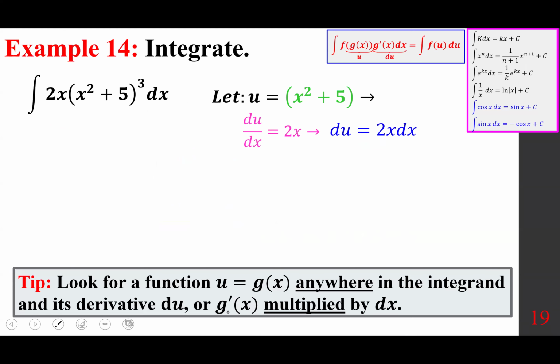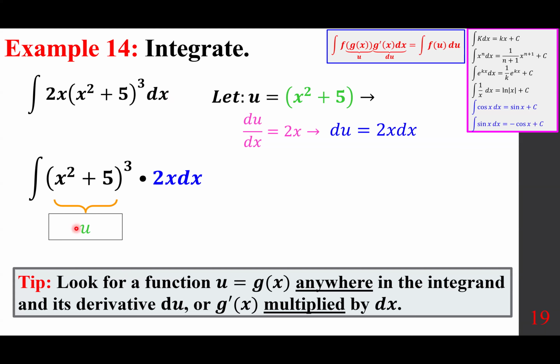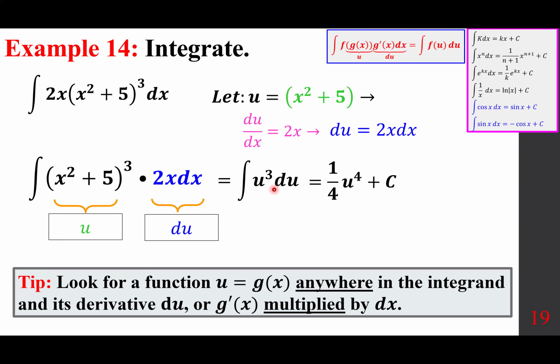So move the 2x next to dx so it becomes clear this is u, this is du, so you're dealing with u cubed, which means you're dealing with the power rule. So 1/4 u to the power of 4 and a constant. Reverse substitution: 1/4 times x squared plus 5 to the power of 4 plus a constant.